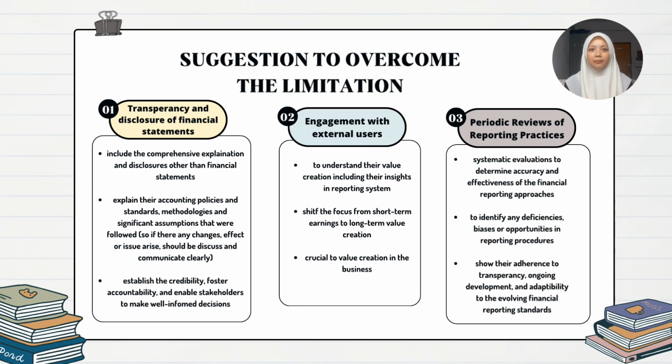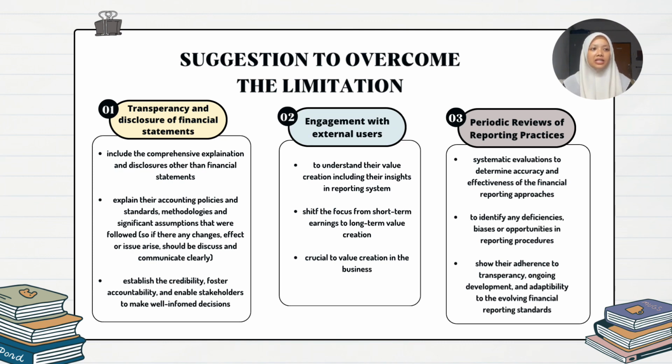I will be presenting about the suggestions to overcome the limitations in MFRS 133 Earnings Per Share. So my first suggestion to overcome the stated limitations is by enhancing transparency and disclosure in financial reporting. The company should include comprehensive explanations and disclosures in the financial statements where they explain their accounting policy standards, methodologies and significant assumptions to give full understanding to the stakeholders about the company's financial report and performance.